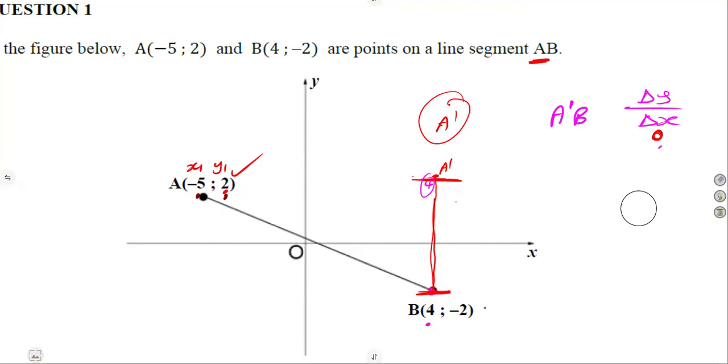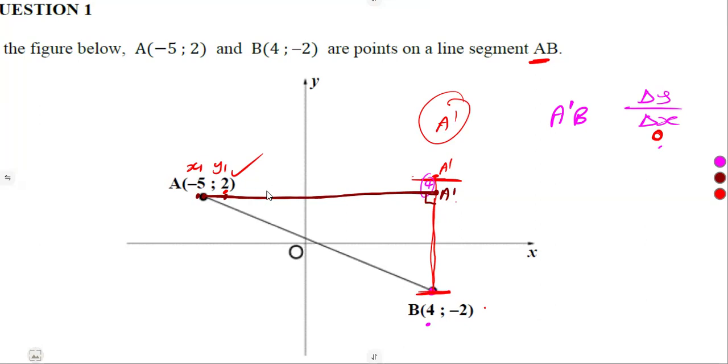So the question is, how can we transform this A to where it can be on a vertical line? How many units are we going to move? That is the concept. So if we take from A here, how many units are we going to move until we have our image here so that it becomes vertical? So this must be a horizontal line, this one.